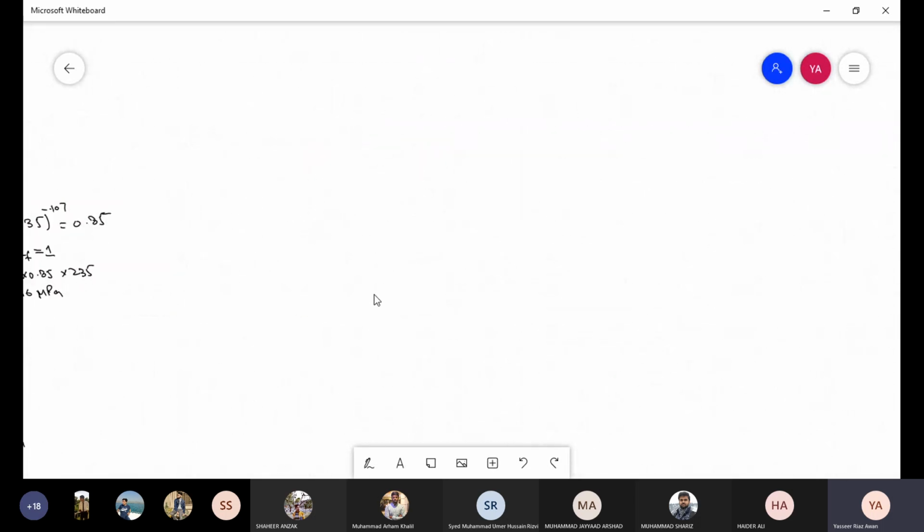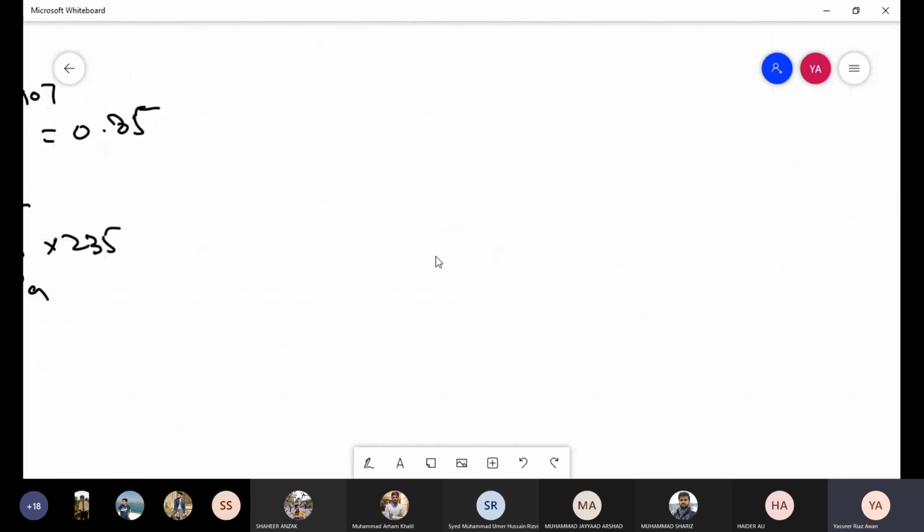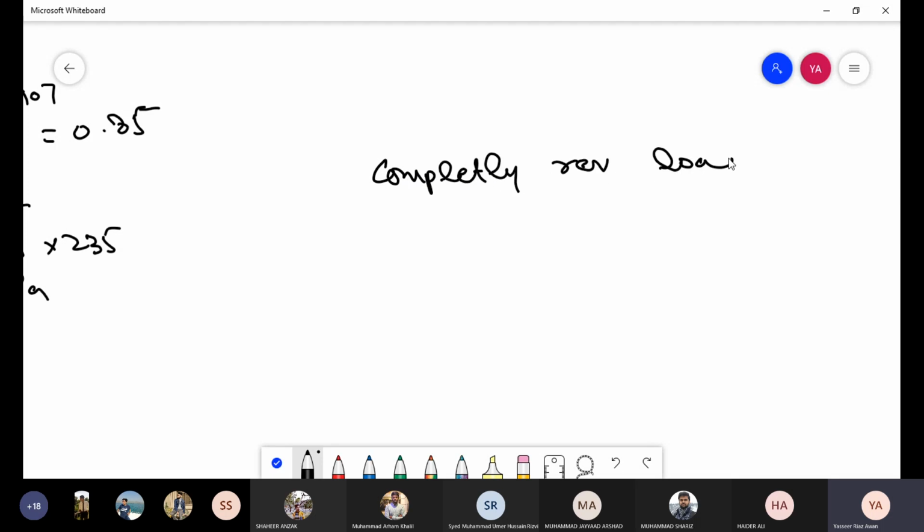We know what to do when the loading is completely reversed. All of our discussion until now was for completely reversed load, as was apparent in the last problem. Now two things remain. One is when there is a combination of bending, torsion and axial loading, what to do then, and when the load is not completely reversed.